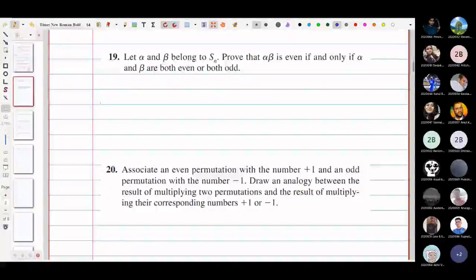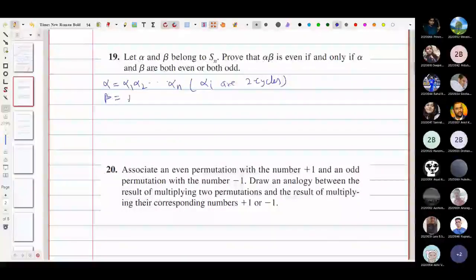So for example, if you take alpha equal to alpha 1, alpha 2, up to alpha n, where the alpha i are 2-cycles.